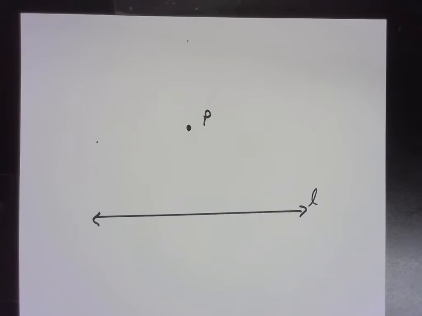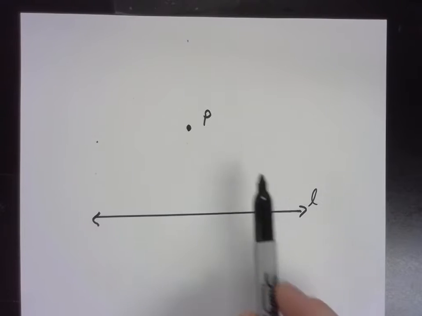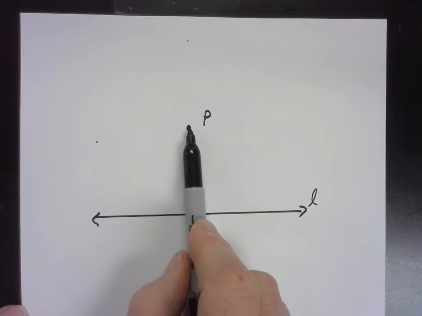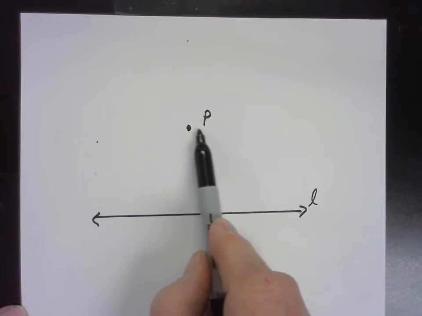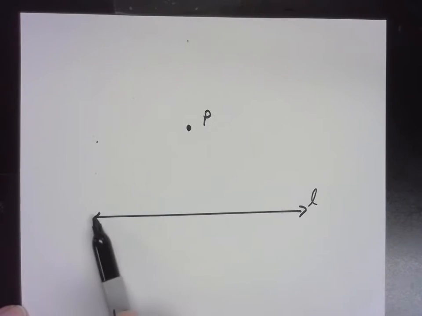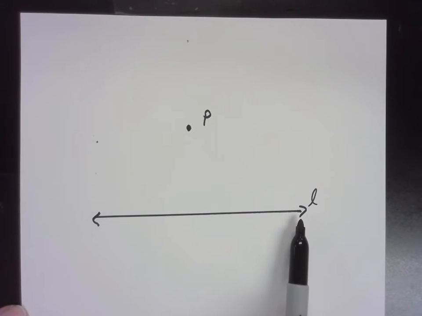That's confusing. Let's say it a little bit differently. See this line right here? See that point right there? There's only one line that can go through point P and be parallel to line L. That's it. Only one. You agree? Okay.